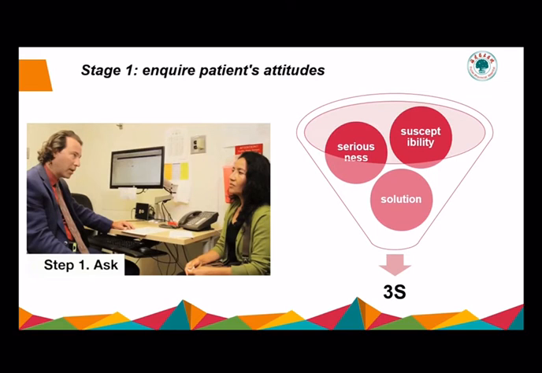How does the individual perceive the seriousness of the consequences of developing or exacerbating a particular disease? The last S is solutions. How does the person weigh the costs and benefits of a particular course of action, such as giving up smoking?